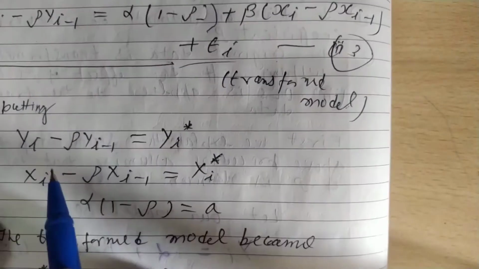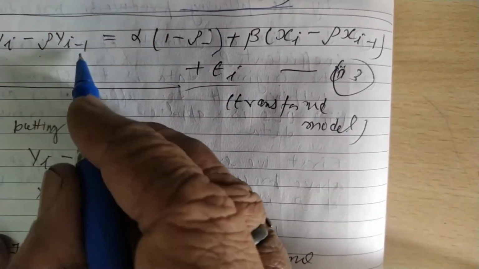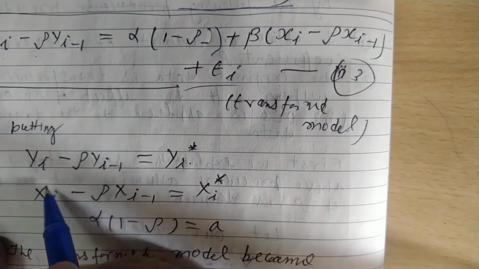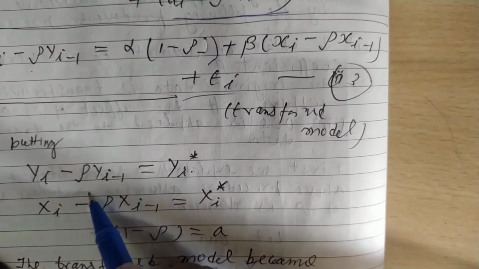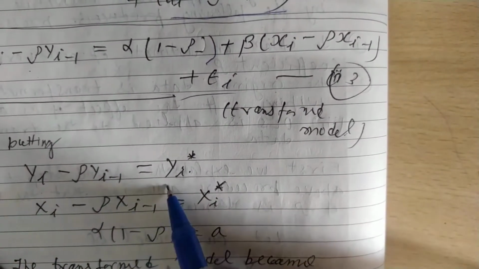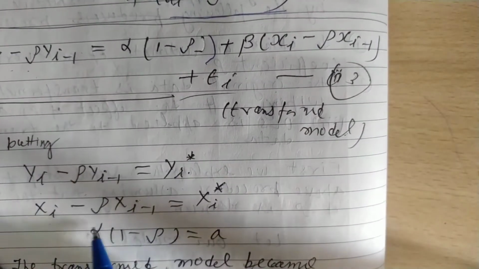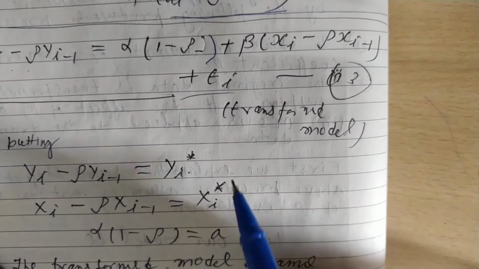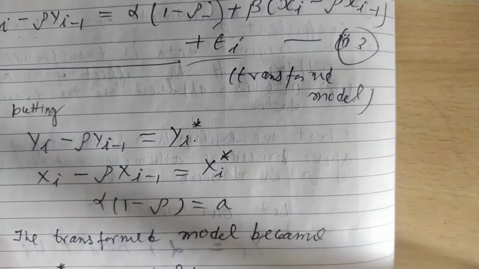In the transformed model, in place of yi - rho y(i-1) we put yi star, and xi - rho x(i-1) equals xi star. In place of alpha (1 - rho) we put a.